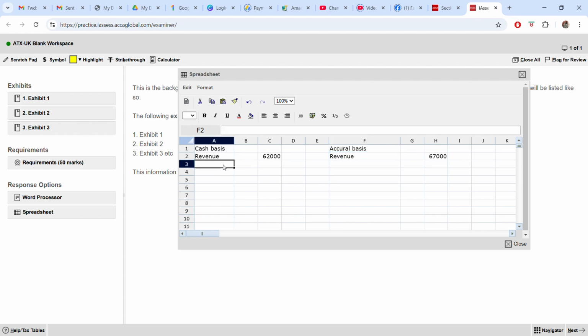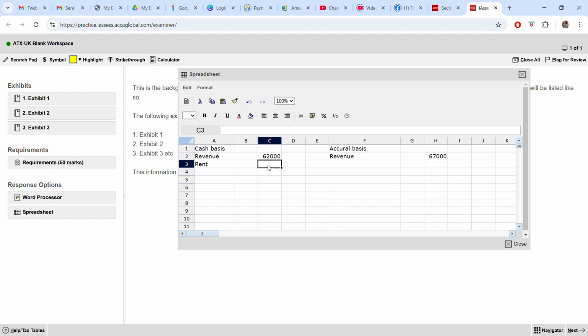Now we deduct the expenses. Okay. So we start deducting the expenses. It's given in order, the 6 points. So sales we have finished, then is the office rental, office rent. So the office rent under cash basis, it is based on the amount paid. So how much was paid?